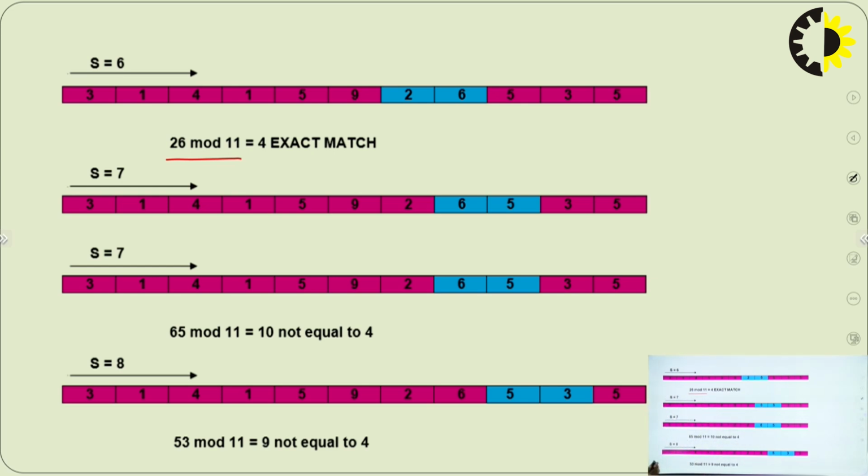So in shift 7, we are here now. In shift 7, the value is 65, and taking 65 mod 11 gives 10, which is not equal to 4. In the next shift, the value is 53, and 53 mod 11 is 9, which is not equal to 4.